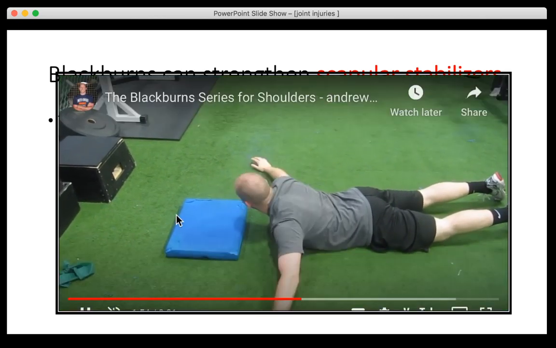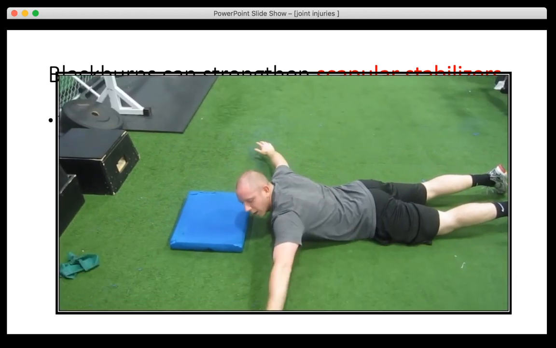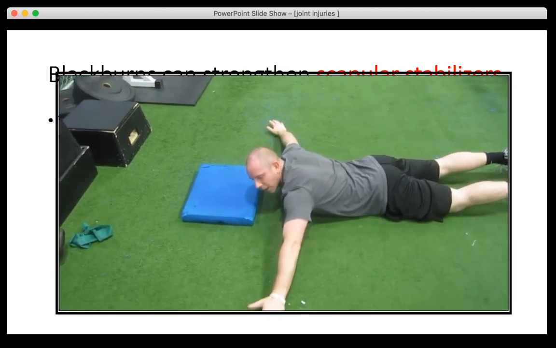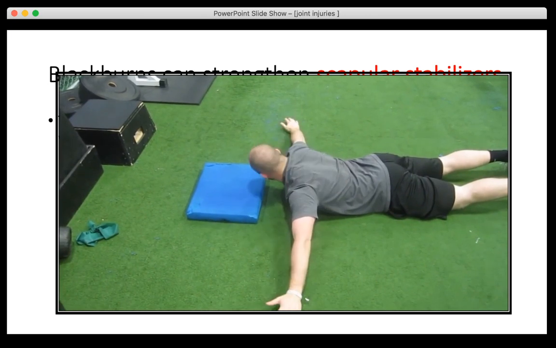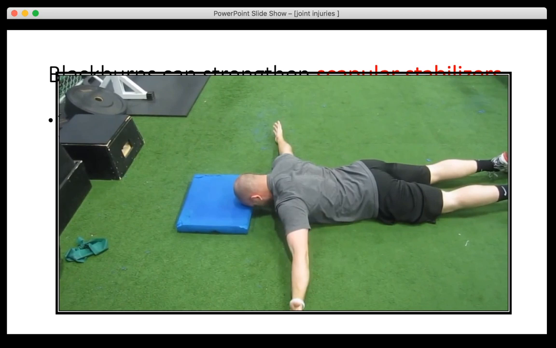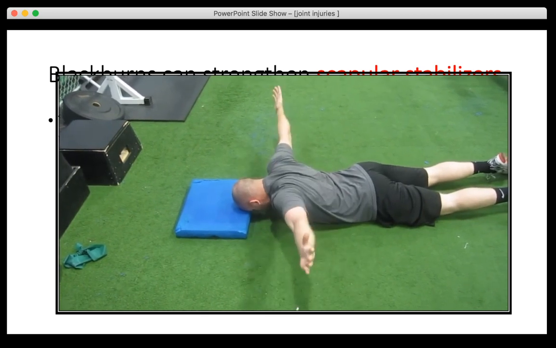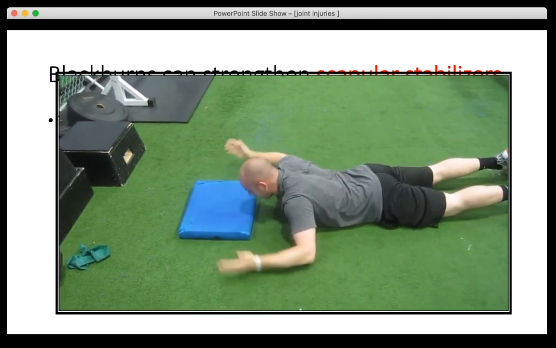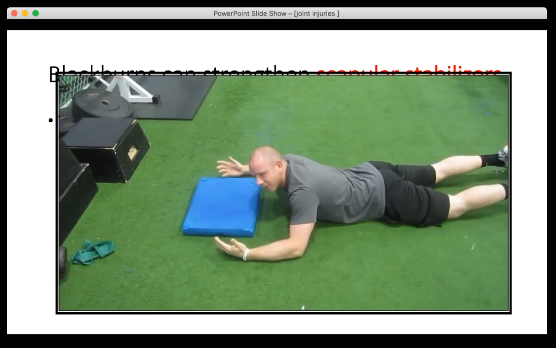The workout is known as the Blackburn series of workouts to strengthen the stabilizer muscles of the shoulders. So try to find it out. If you want the link, I'll put the link in the WhatsApp group so that you can have the full video of this guy. He's demonstrating very well how to do these kinds of workouts.